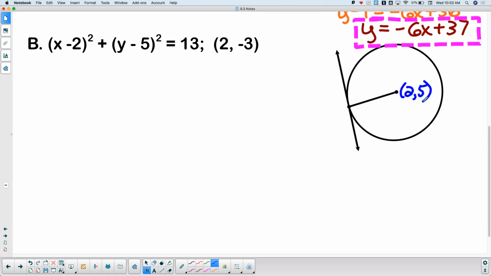Ooh. Point of tangency is 2, -3, correct? So what is the slope of the radius?